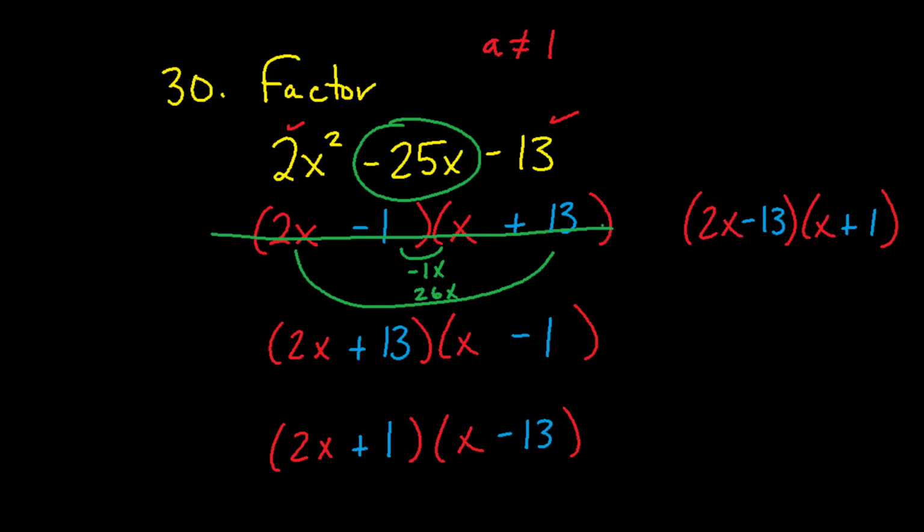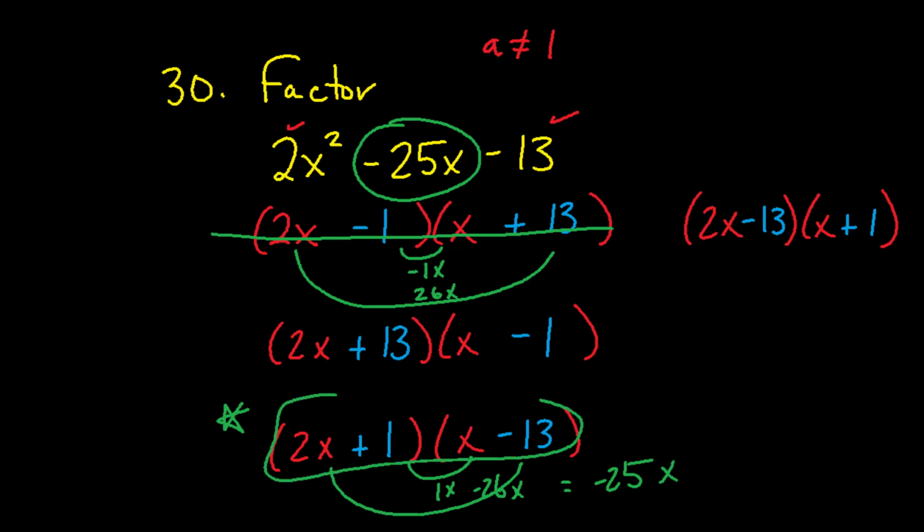But it also gives us a clue as to which one will work. Since we got 25x and we want negative 25x, we just need to change the signs of those numbers. So that means this one should be the one that works. 1x and negative 26x adds up to negative 25x. So this is the combination that works.